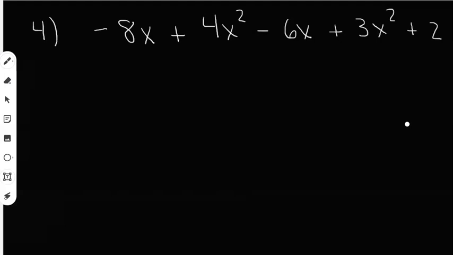You're going to underline all the terms that end with an x squared. Once you put those together, you're going to underline all the terms that end with an x. You'll put those together. And then the last thing you're going to do is bring down the regular number that you see at the end. So take a minute to see if you can get that.